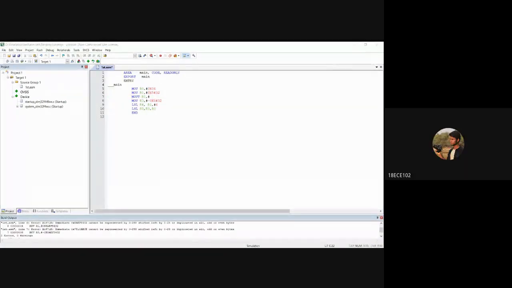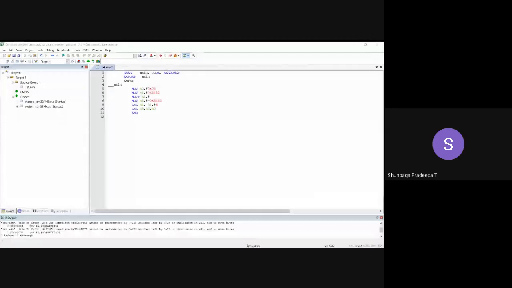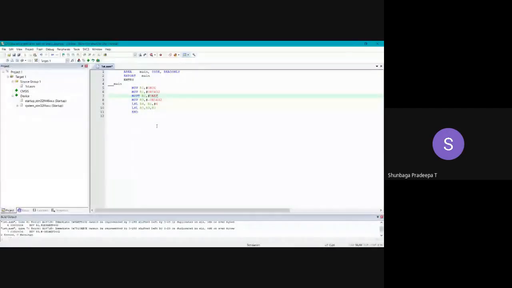With zeros, ma'am? It is hexadecimal. You can include the MSB's 4 digits, I mean 16 bits.